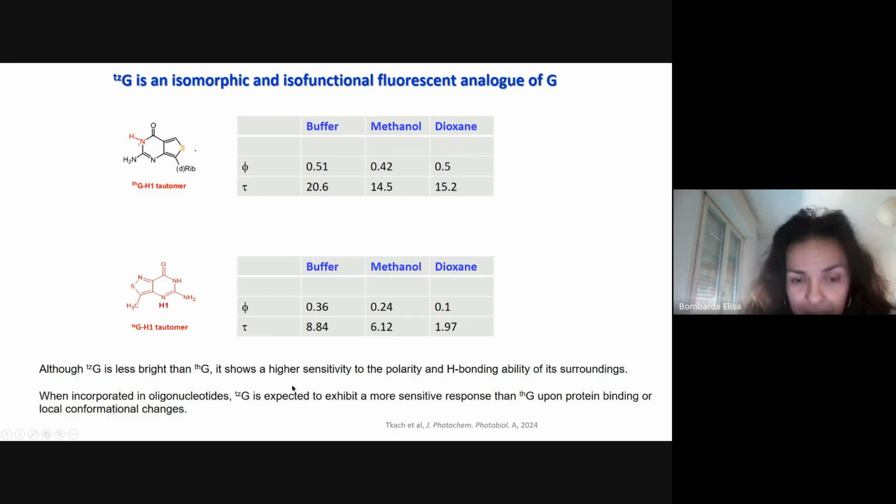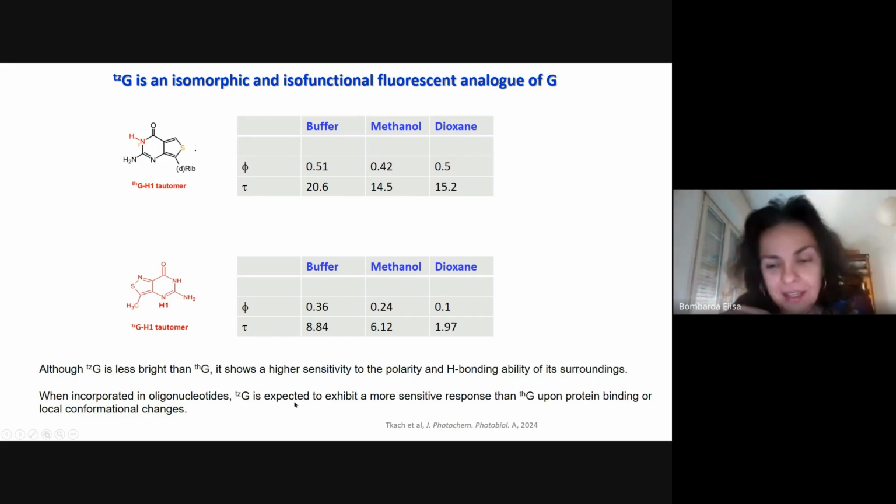It is a very new probe that we are still characterizing, and at the moment we are trying to find the way to incorporate it in oligonucleotides.